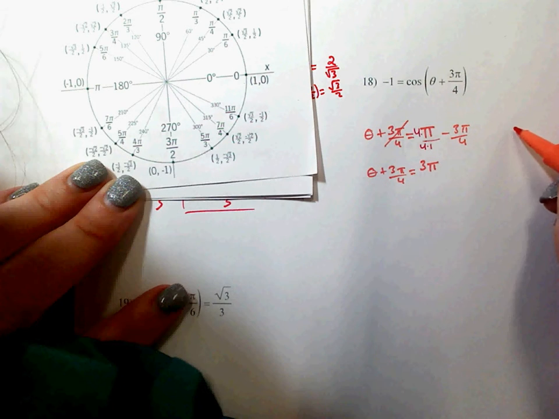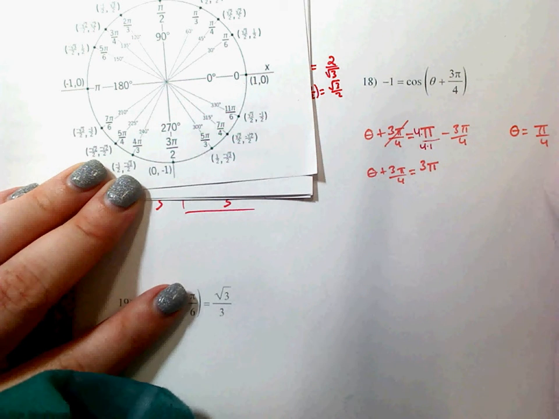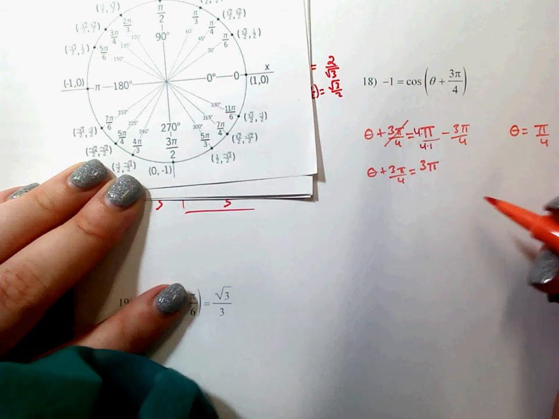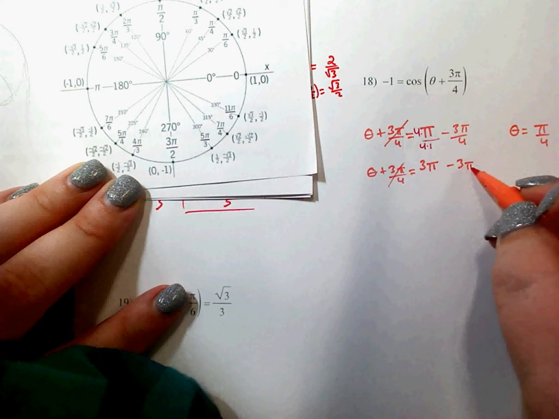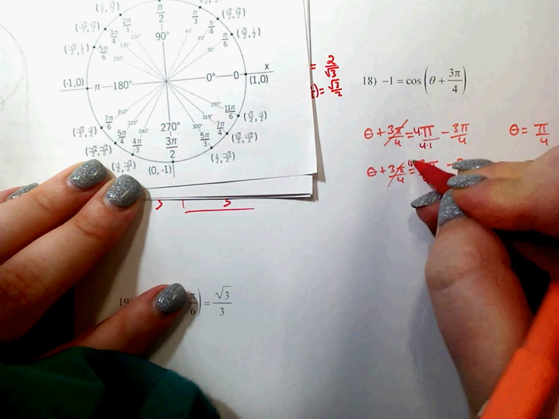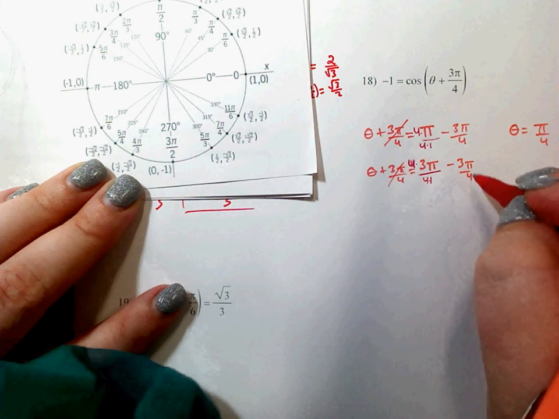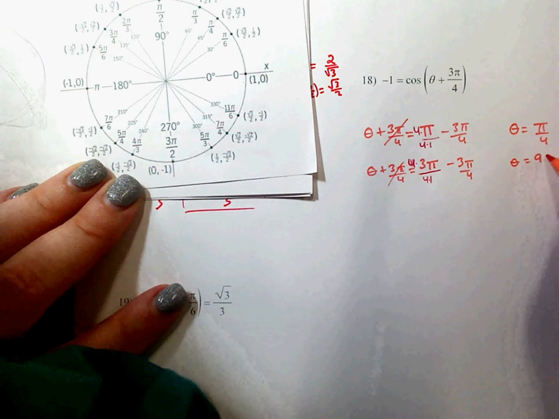And then over here, just to see if you would get an answer between 0 and 2 pi, you subtract 3 pi over 4. So over 1, you multiply by 4, you get 12. 12/4 minus 3/4 is 9/4, and that is outside of my window. So my only answer is pi over 4.